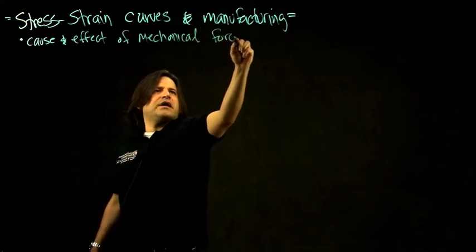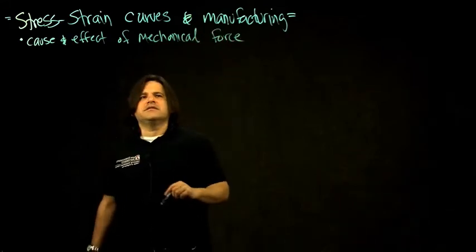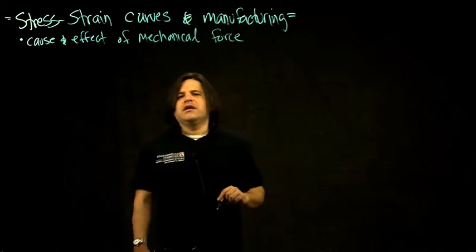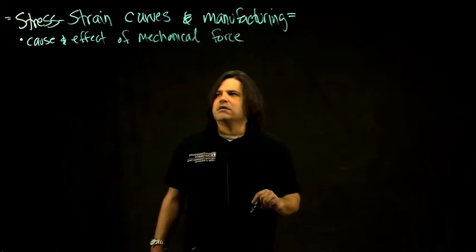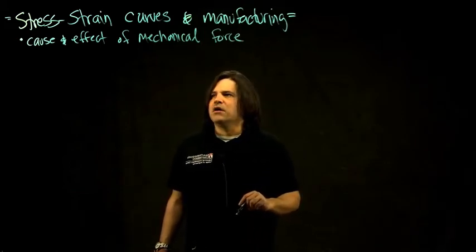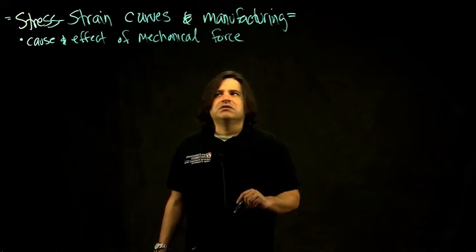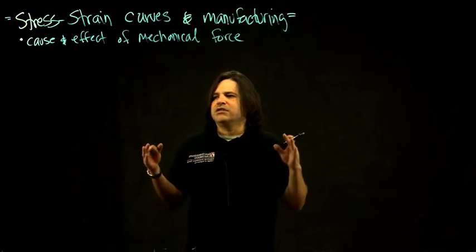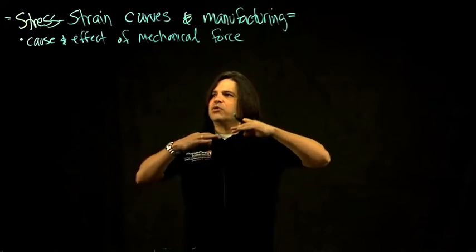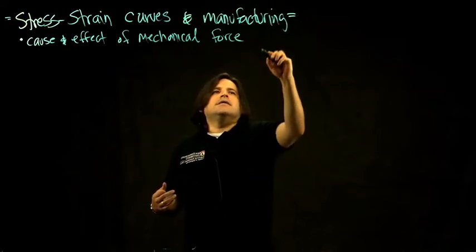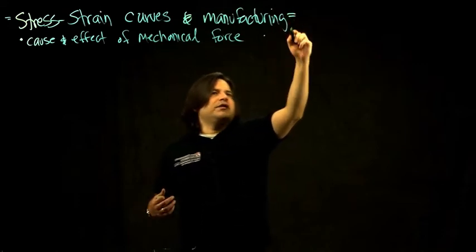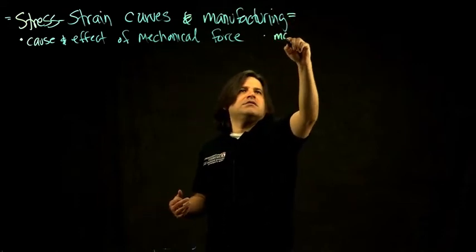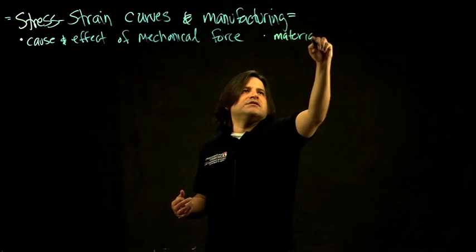So the cause is the mechanical force, and the effect is the strain that the material undergoes upon having the stress. The strain is the elongation, the deformation. The stress is the force. And it's useful for material properties and material mechanical limits.